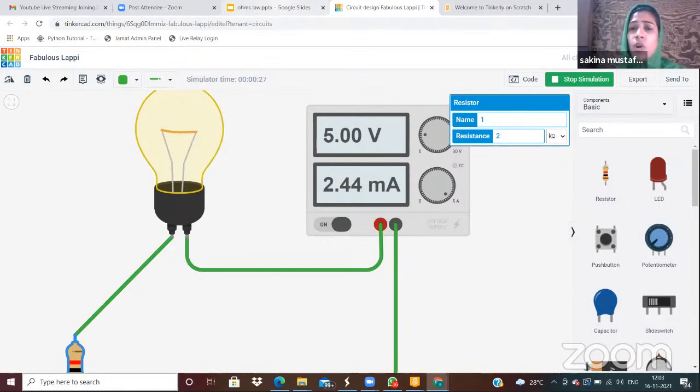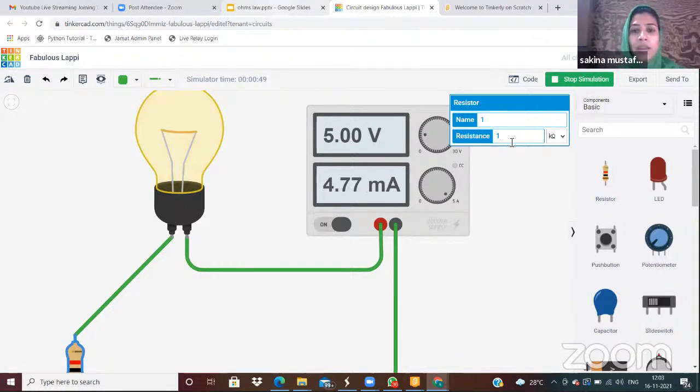In Ohm's law, we're going to see the relation between the voltage, the current, and the resistance, and what impact it has. See, at just 1 ohm, it's glowing red. If I'm not applying any resistor, the bulb glows so bright.